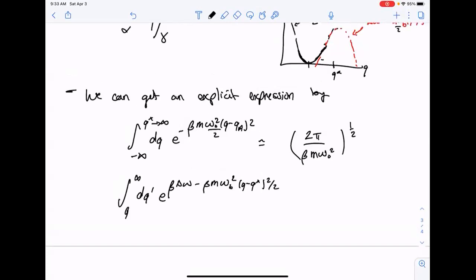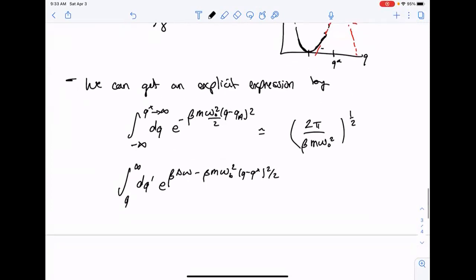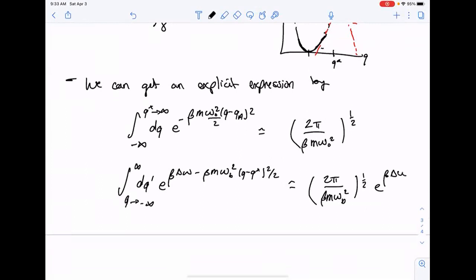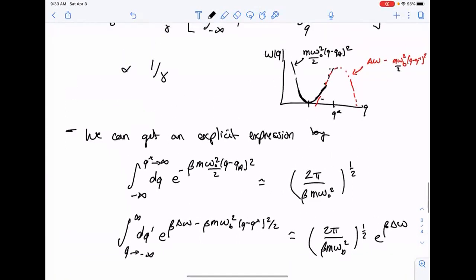If the majority of that integral is dictated by small departures away from q star in q, we can send this q to minus infinity, giving us another Gaussian integral, another factor of 2 pi over beta m, a different frequency, square root, and a constant shift factor for the height of that barrier.